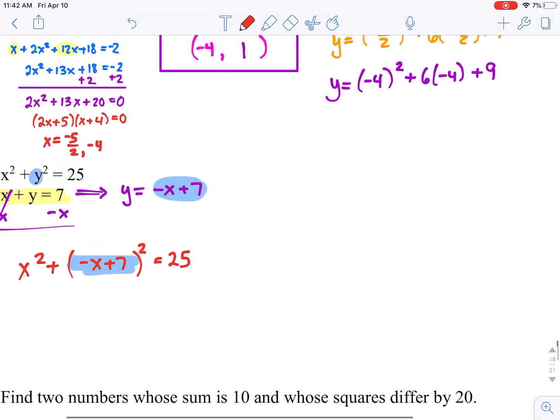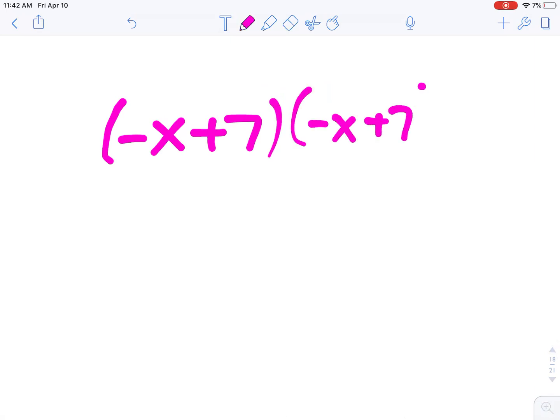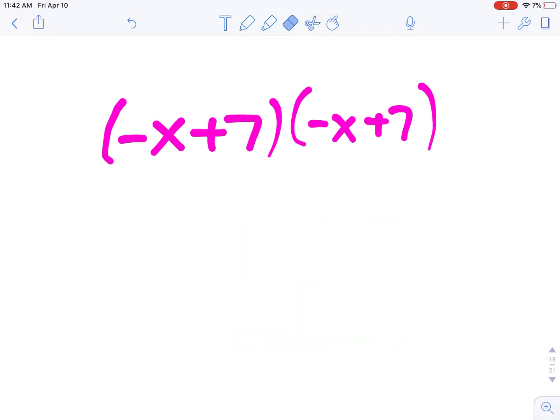Now, I would really suggest that off to the side, we take this -x plus 7 and we square it. When you square something, you're going to be multiplying it by itself and foiling. Other students like to multiply using their box. So take a second and try multiplying this yourself, or you can stay with me and do it.